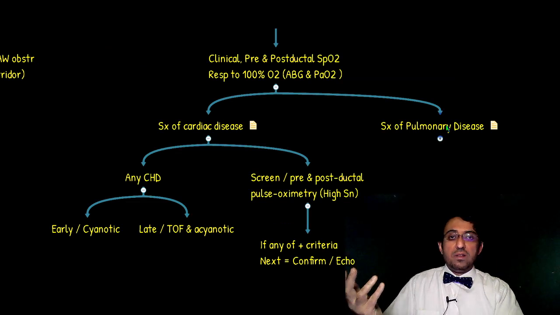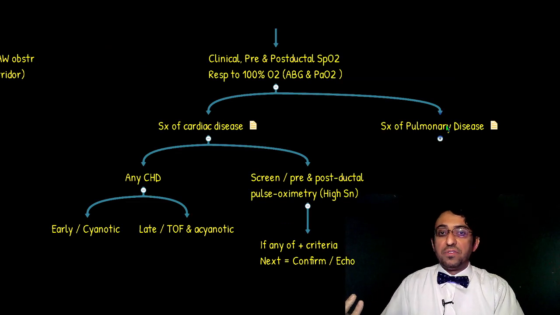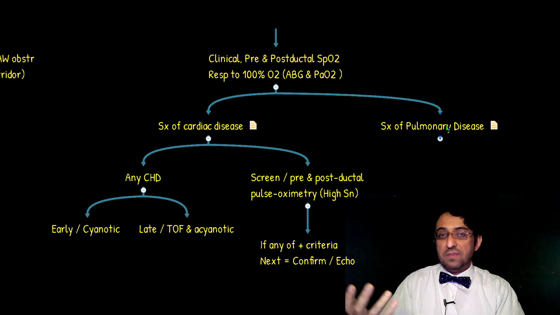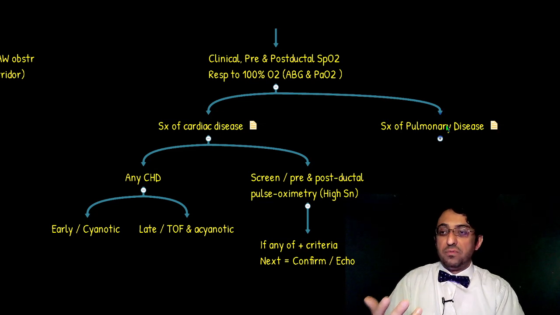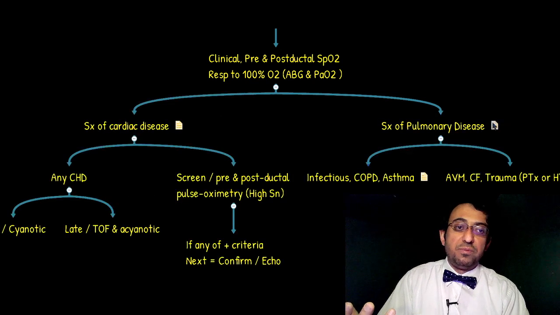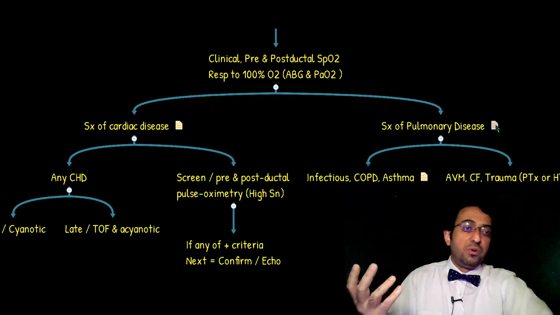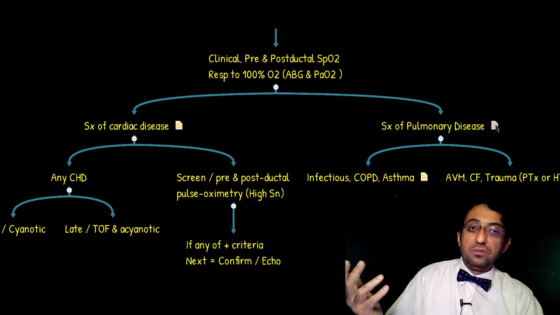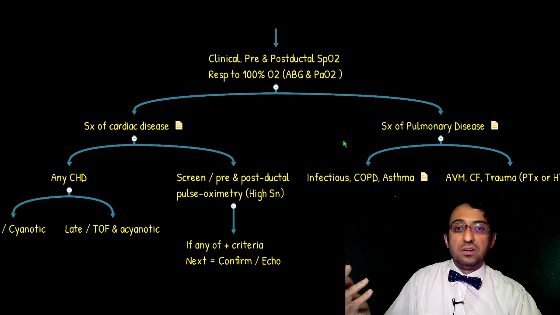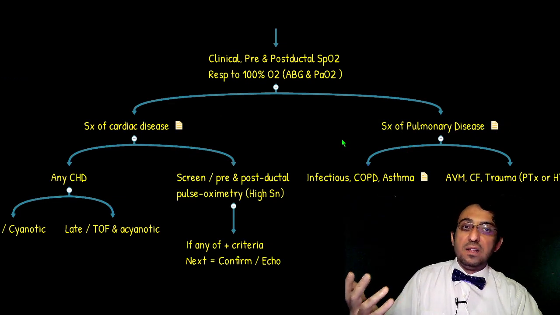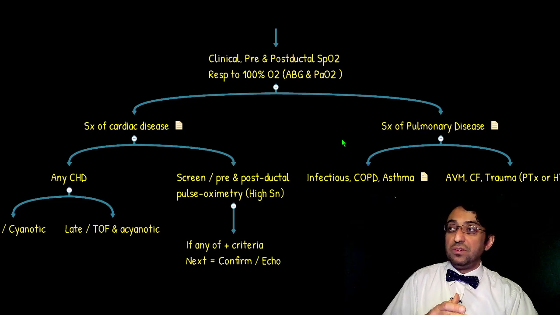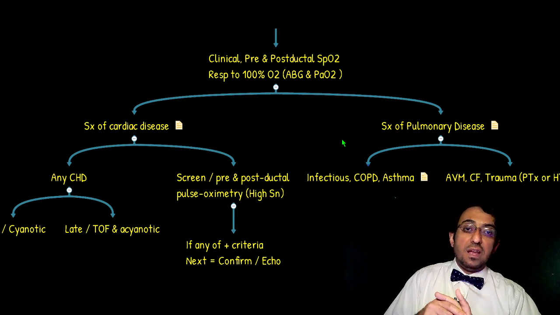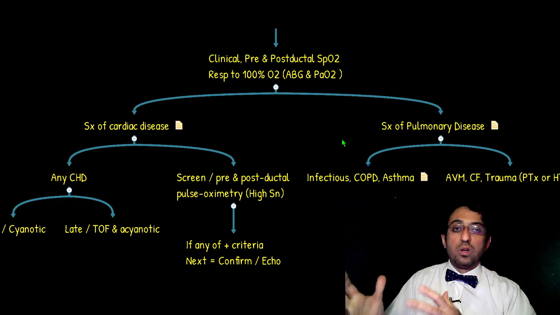Finally, what are the possible pulmonary causes of central cyanosis? Well, if the patient has symptoms of pulmonary disease such as shortness of breath, cough, snoring, hemoptysis, abnormal breath sounds, either wheezing or a stridor, we are dealing with pulmonary diseases. These patients are responsive to O2 supplementation, and therefore we need to do the workup of pulmonary disease.